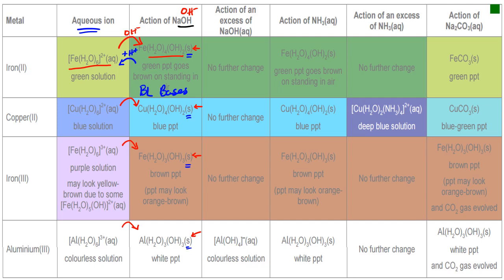Okay, now can they do the opposite? Can they act as Bronsted-Lowry acids, by donating a proton? No, no, no. But this one, the aluminium hydroxide, as well as acting as a Bronsted-Lowry base when it accepts a proton or several protons and turns back into the aluminium aqua complex, it can also donate another proton.